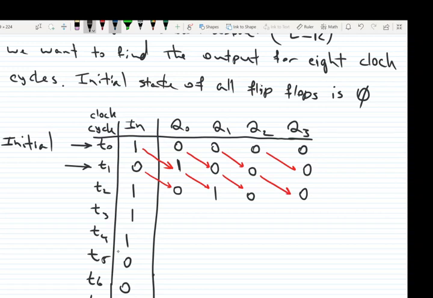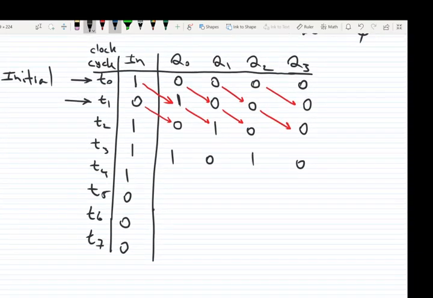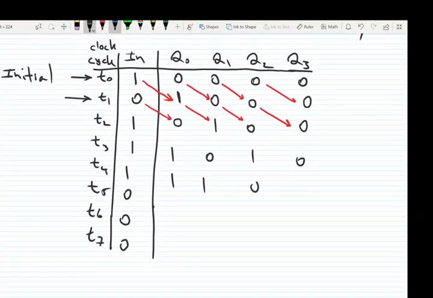The next step, 1 moves to here: 1 0 1 0. The next one is 1 1 0 1. The next one is 0 1 1 0. The next one 0 0 1 1, and finally 0 0 0 1.